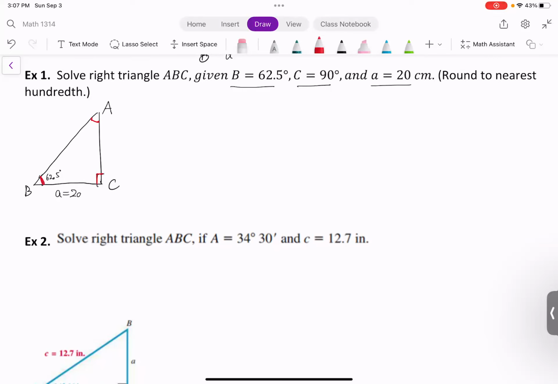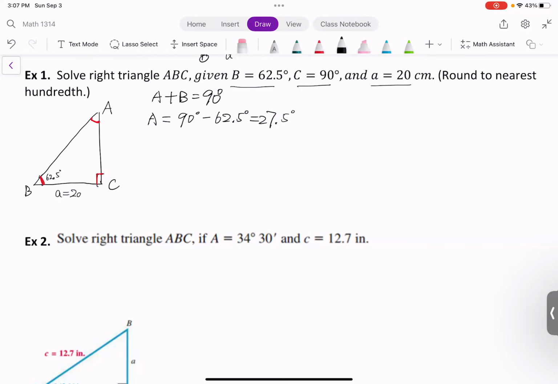That means A and B are complementary angles. So A equals 90 minus angle B. Angle B is 62.5 degrees, so that is 27.5 degrees.